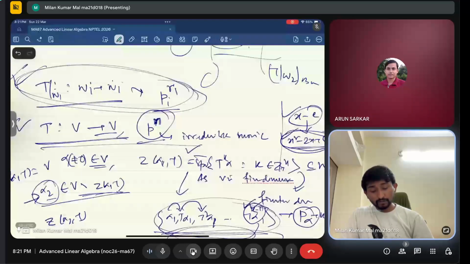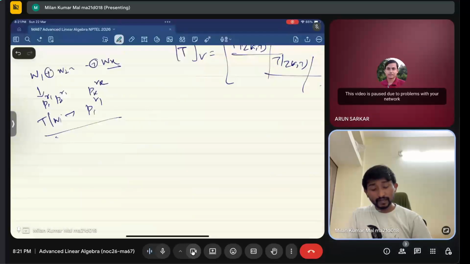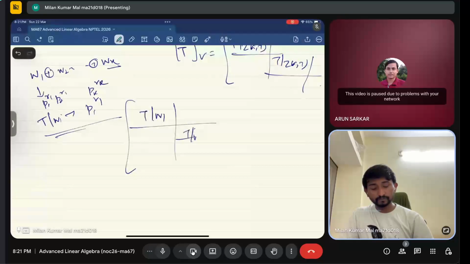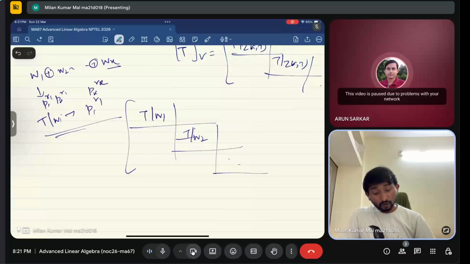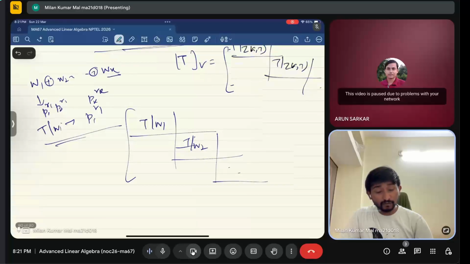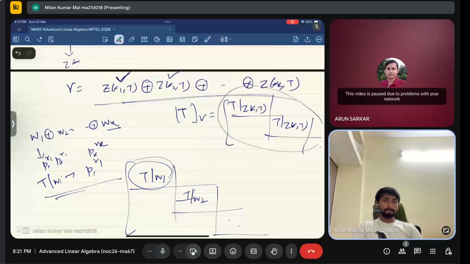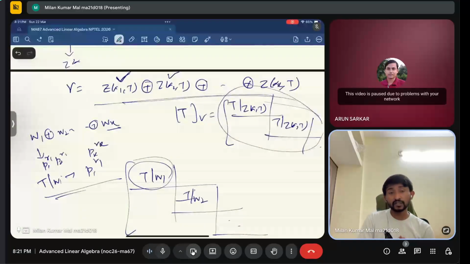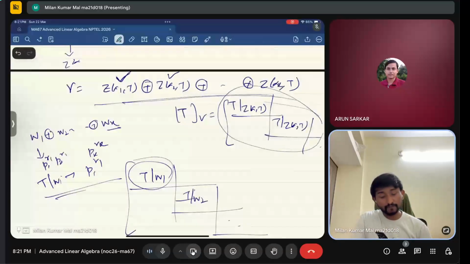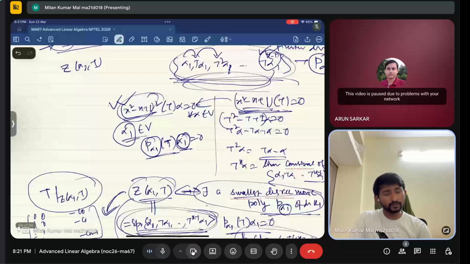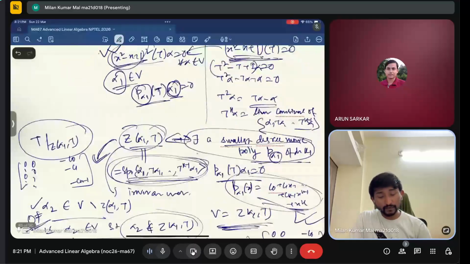With respect to this decomposition, we have the matrix of T restricted to W1, T restricted to W2, and so on. Corresponding to each of them we have this cyclic decomposition, because I have started for irreducible polynomials. Here, I mean, cyclic decomposition for non-irreducible is also there, but we have started with irreducible.